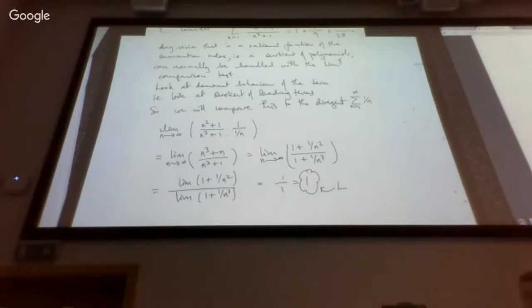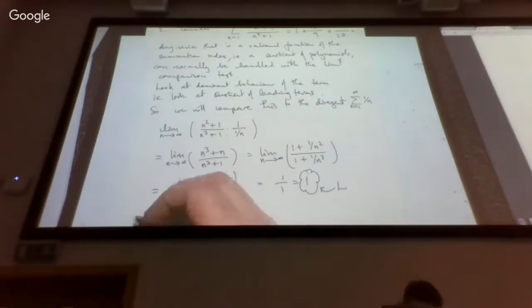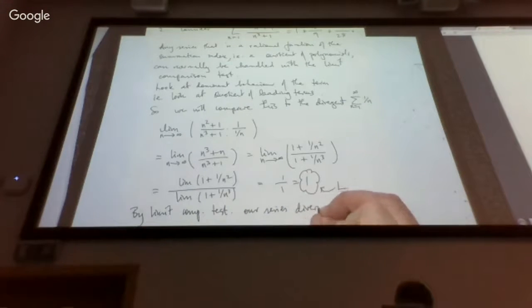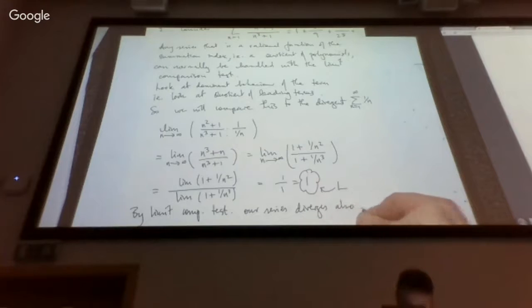So therefore, by the limit comparison test, our series diverges also. Okay.